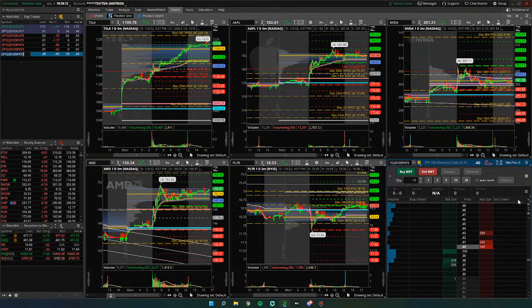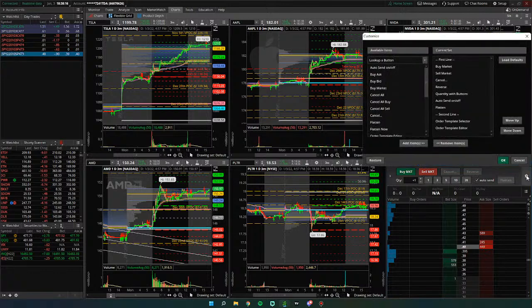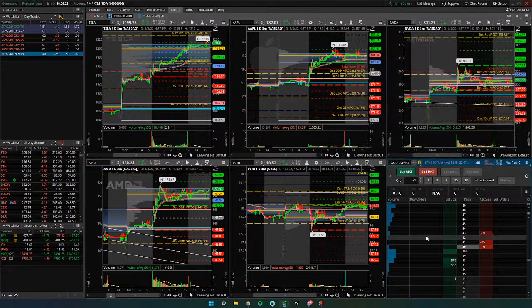Once you do this, and then I'll show you this as well, on the gear icon here, you'll want to click this and move auto send on and off up to the first line, and quantity with buttons to the first line as well. And again, you can go back and pause this later and copy mine if you want to.